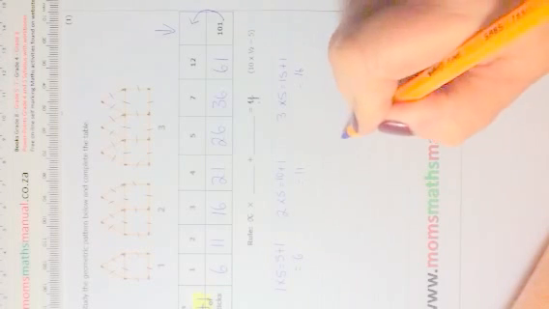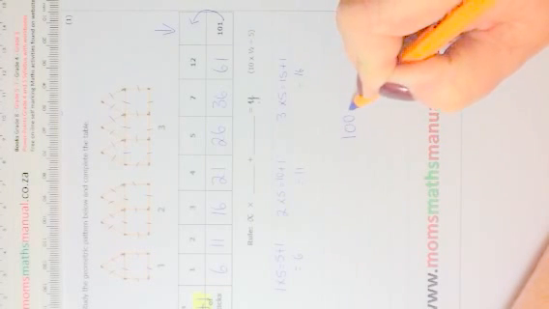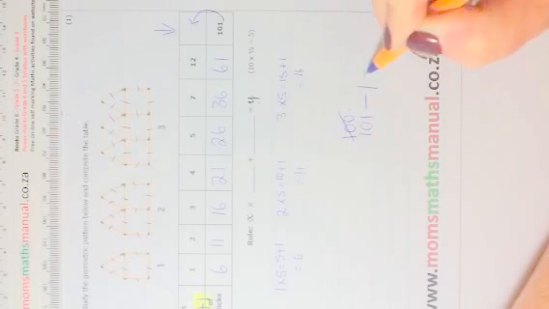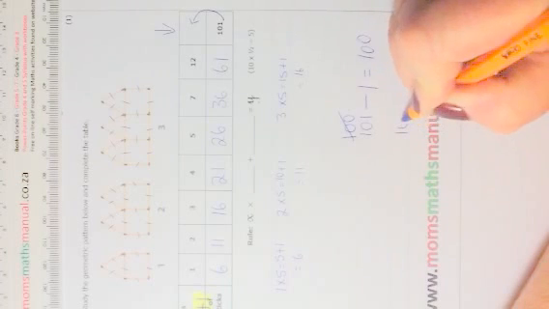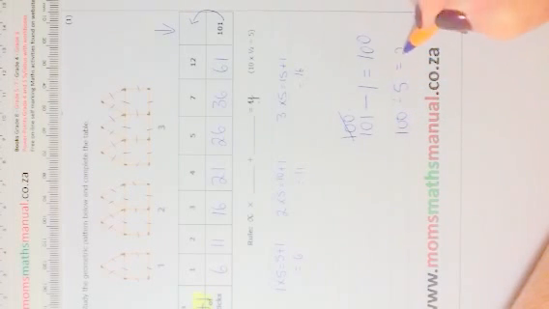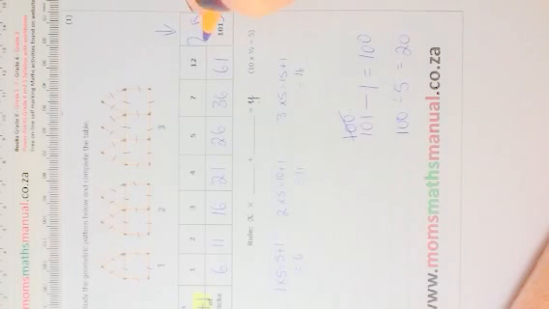I need to say 101 minus 1 gives me 100. So I've done the inverse of that. Then I must do the inverse of that. So 100 divided by 5 is going to give me 20.